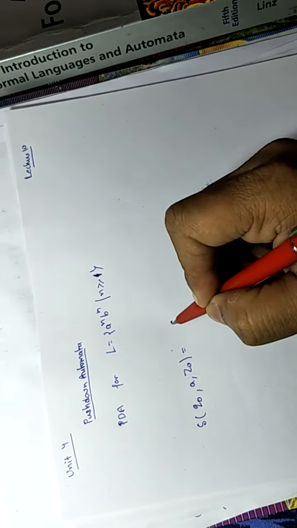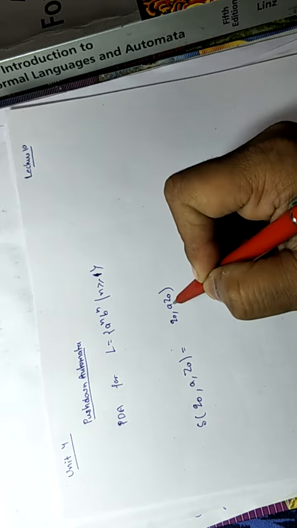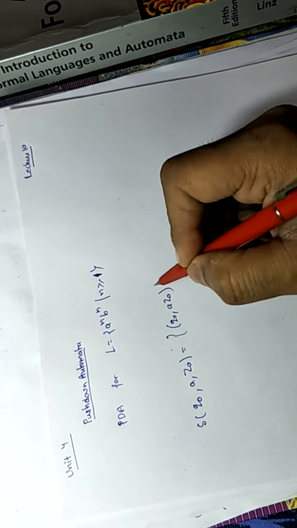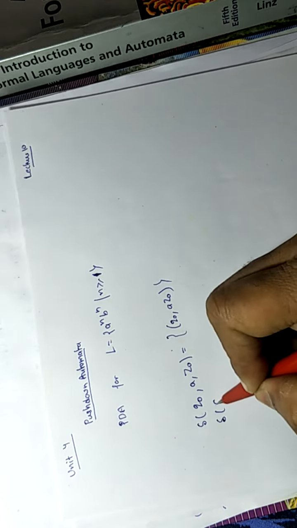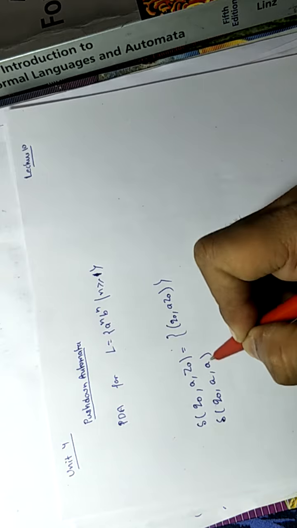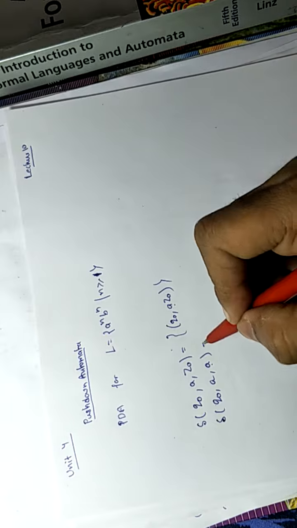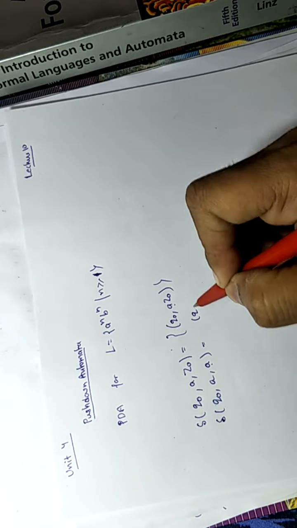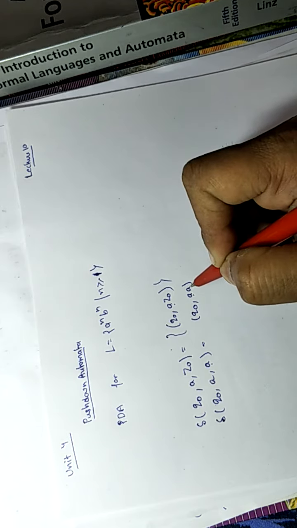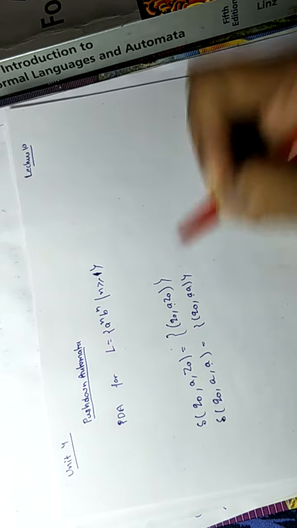What we need to do is push this a over the stack. Now it becomes a z0. Then we may get another a, and this time a is on the stack because we already pushed one a. Now we have to push this a over the a that is already in the stack.